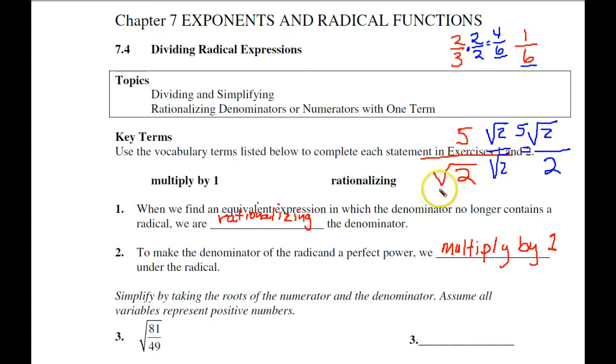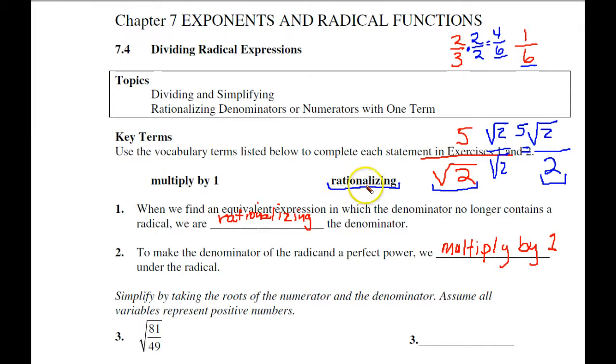So where prior this denominator was an irrational number, we have made it a rational number through the process of rationalizing. Wow, what a perfect choice of words there.